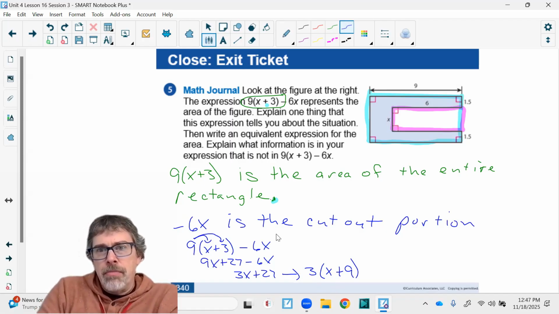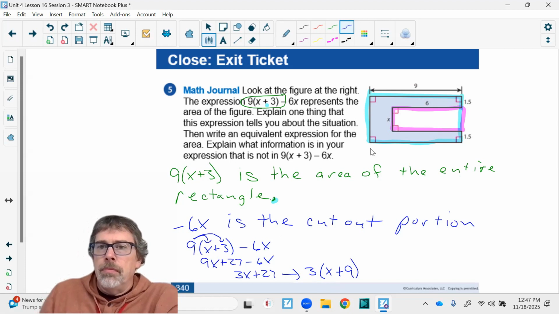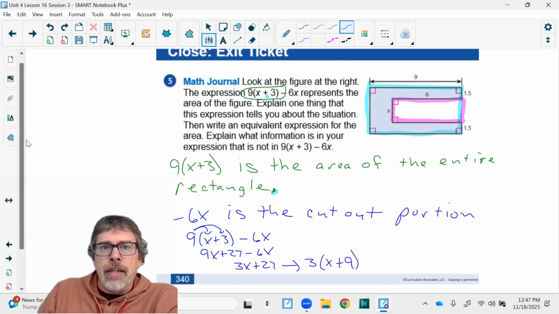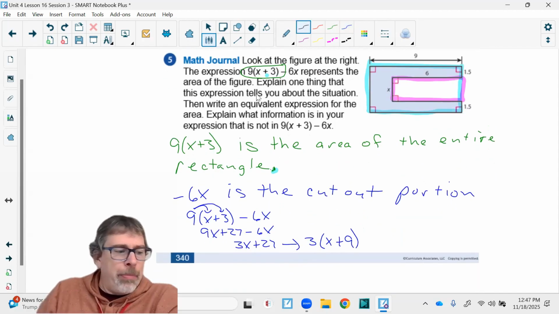There is three times x plus 9. This plus this times 3 is the area. That's just coincidence. I don't know if the way I did it, there's anything else that it has that it didn't have before.